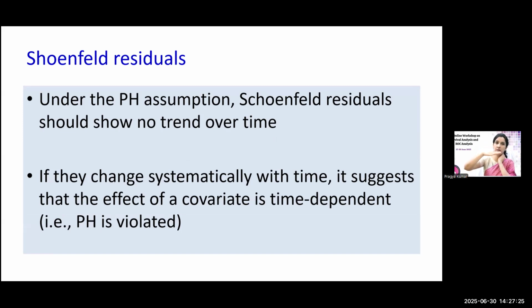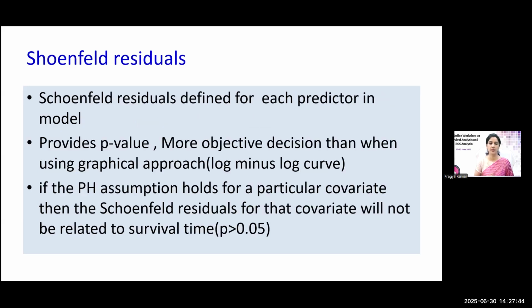That means it will remain constant. We'll see it in the graph. So under the proportional hazard assumption, this residual does not show any trend. If it is changing systematically with time, that means it is time dependent, and the proportional hazard assumption is violated.